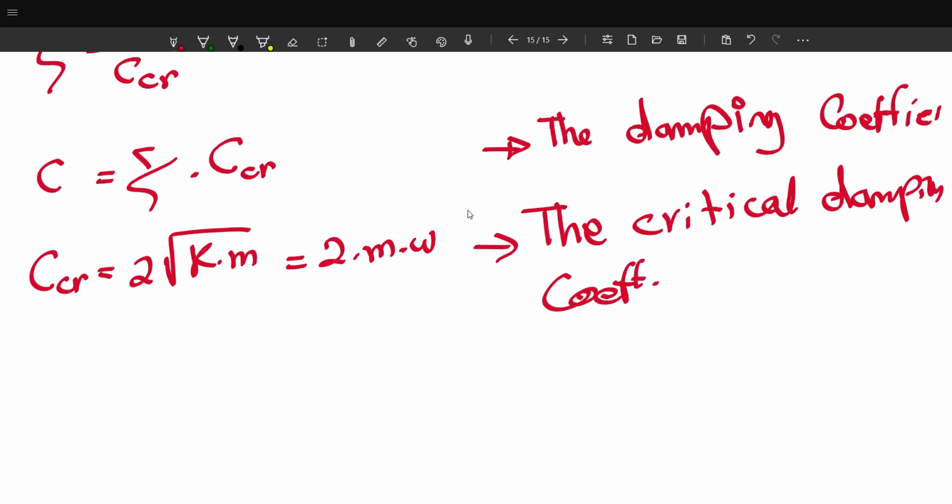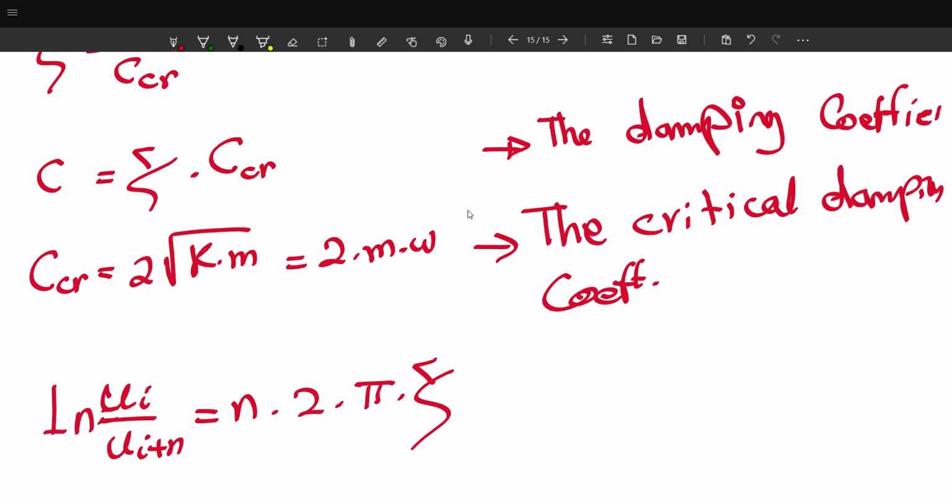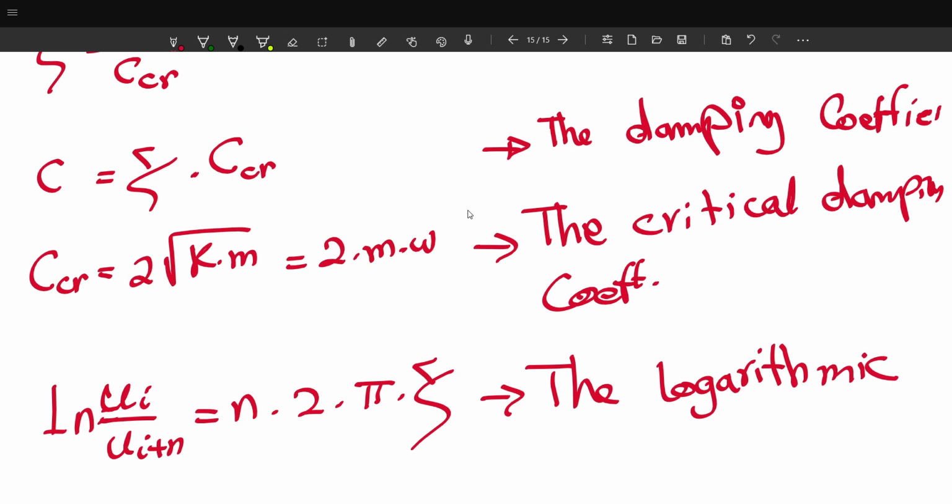And then the last thing is the logarithmic decrement, which equals ln of ui over ui plus n, which equals n times 2 times pi times the damping ratio. We call it the logarithmic decrement.